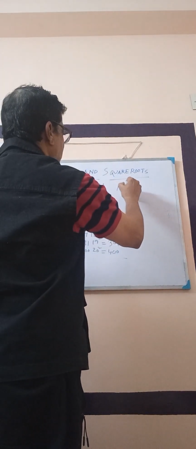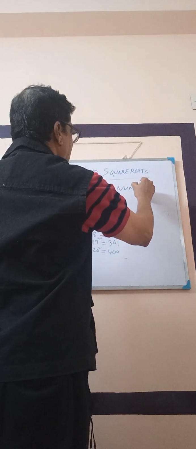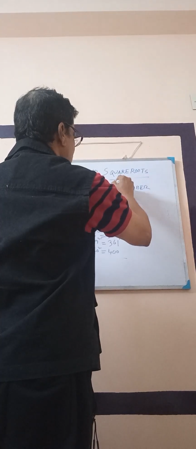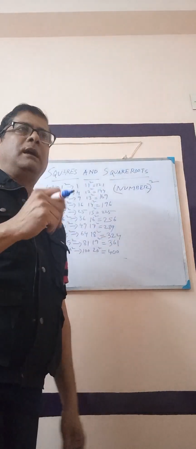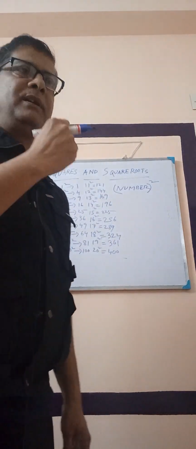So if you just study the numbers, then you will see if I do the square of any number, that number can be single digit, double digit, or triple digit.